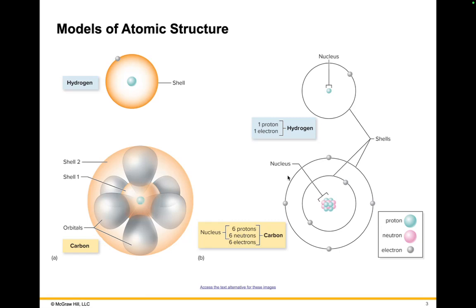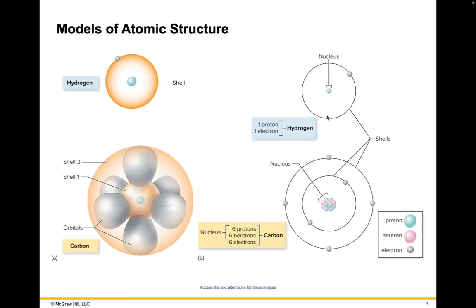So the next shell can hold 8 electrons. In fact, carbon is never going to be found by itself because it needs 8 electrons in its outermost shell to become stable. So carbon is an unstable atom by itself, which we would call reactive, and hydrogen, the same thing.